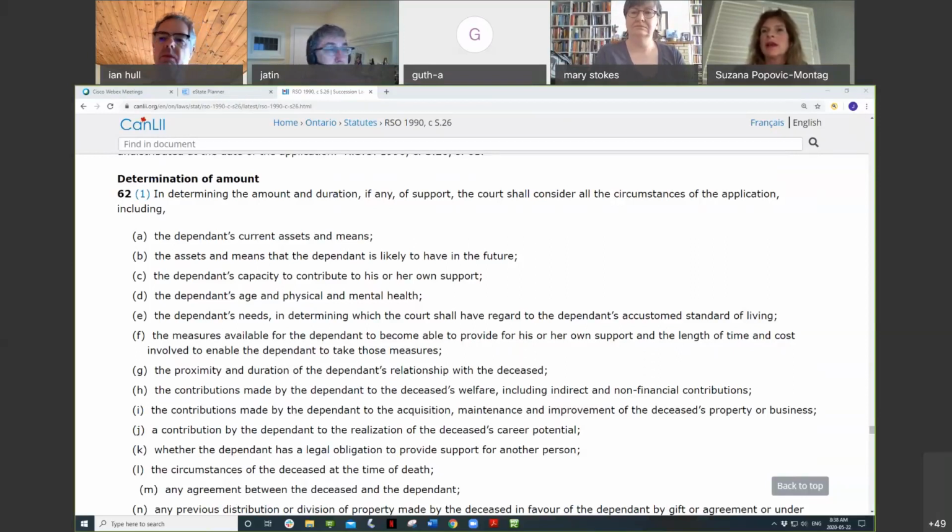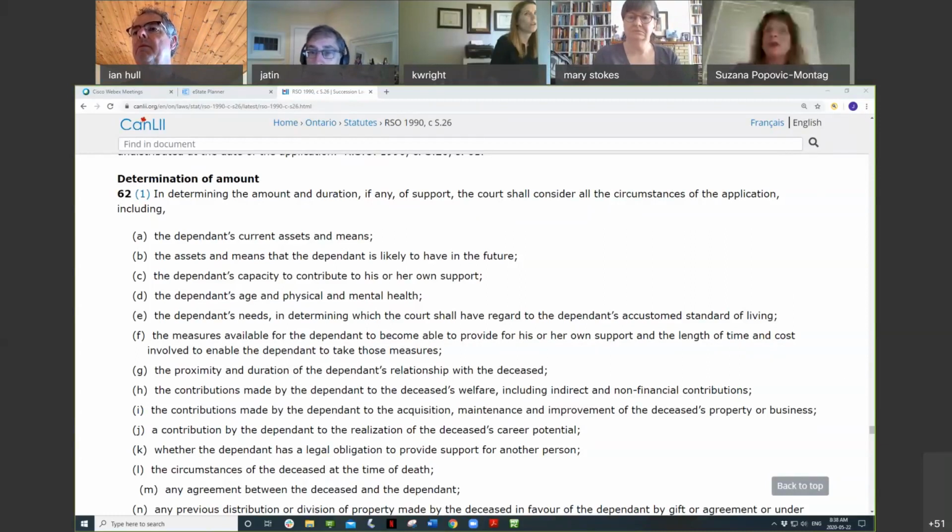And that's the real test. Given the value of the estate and given the dependency that's been created during the lifetime of the dependent, while the deceased was alive, what is now the situation for this individual? How much do they need? The real test being an adequate provision for someone.